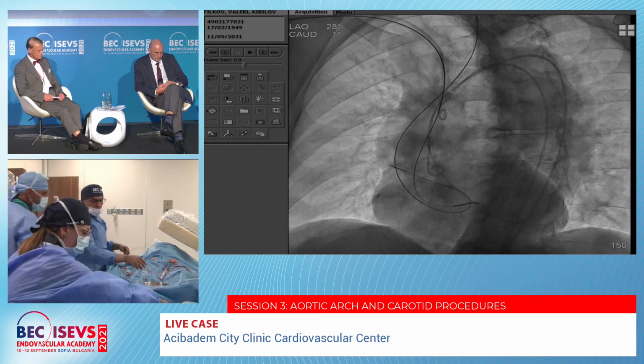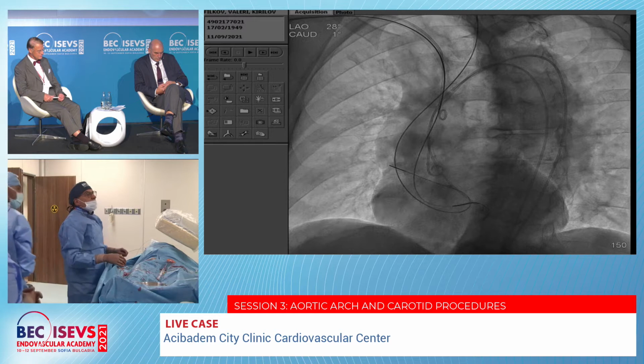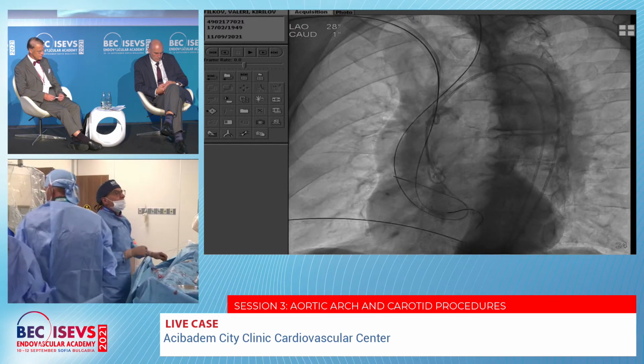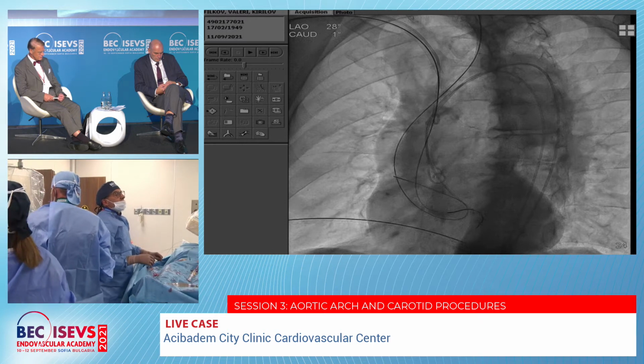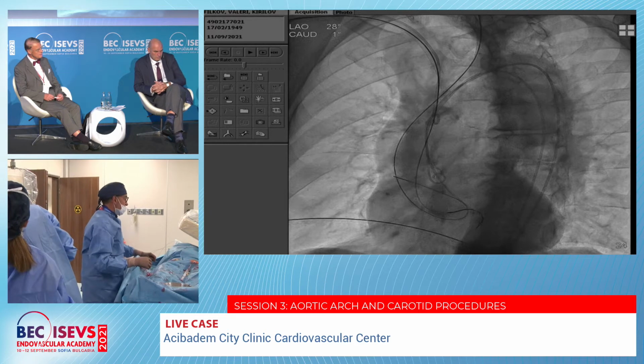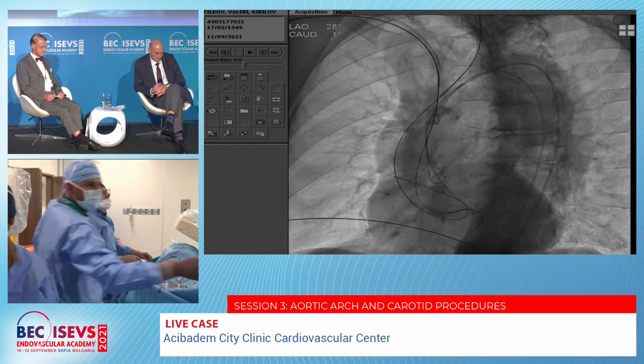Now we are going to proceed with the Endurant, 16 millimeter by 70 or by 90, in order to be deep enough into the ascending aorta, in order to provide a good landing zone.